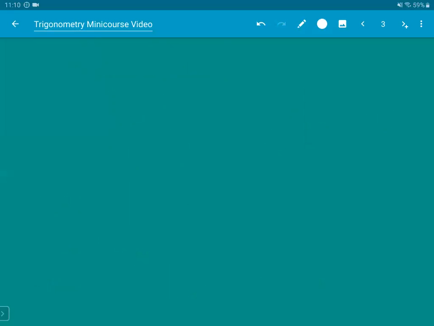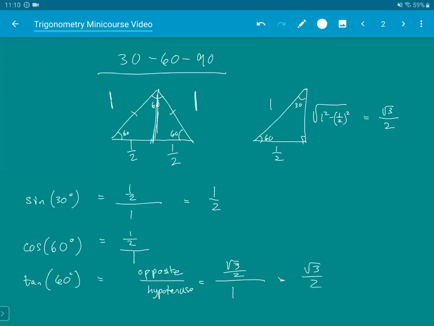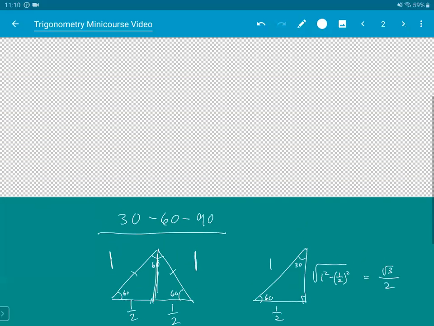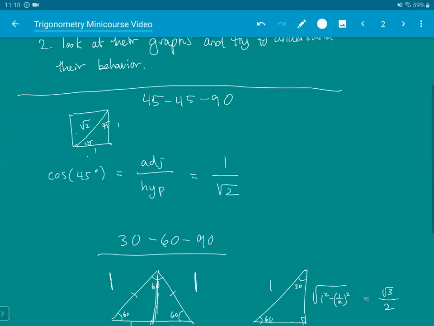And you can also find these exercises in the handout. But here's what I would recommend you practice calculating. And essentially, any angle that belongs to this triangle or this triangle, you just take that angle and then you try to compute either sine, cosine, or tangent of it.